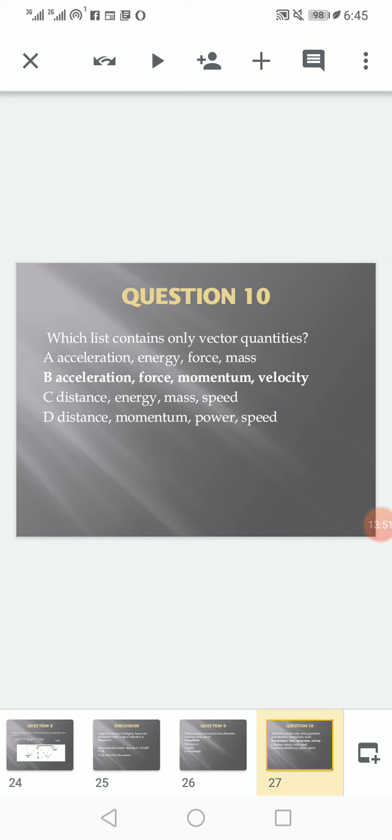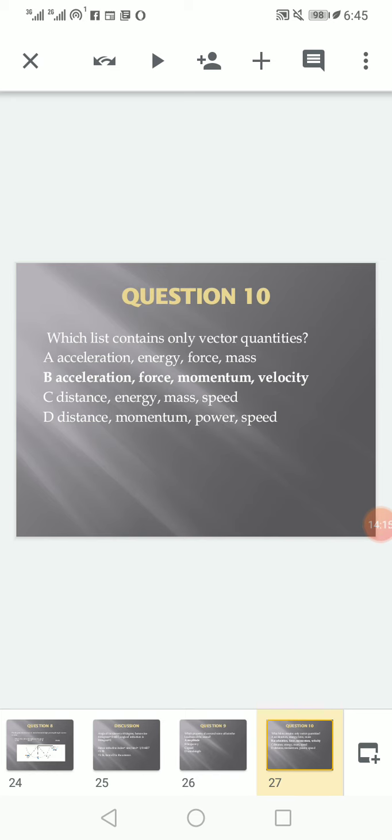This one says, which contain only vector quantity? From the options given, the vector quantities that we have here are acceleration, force, momentum, and velocity. This is the only one that contains vector quantities. Remember, in our previous class, we discussed the difference between scalar quantity and vector quantity.